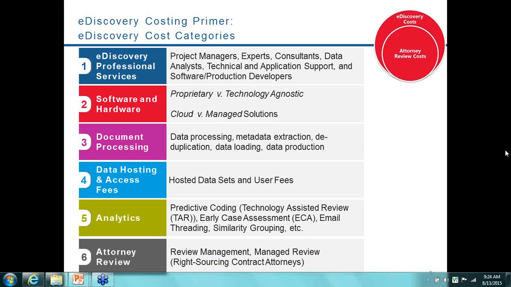And then you've also got vendors who provide a variety of tools; they're technology agnostic and they provide a number of different review platforms. And then these softwares are generally provided in two different ways. You can usually access your review platform via the cloud, and sometimes you can also get those solutions deployed on site in a managed information technology solution.